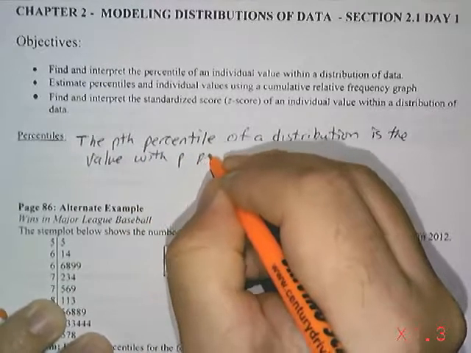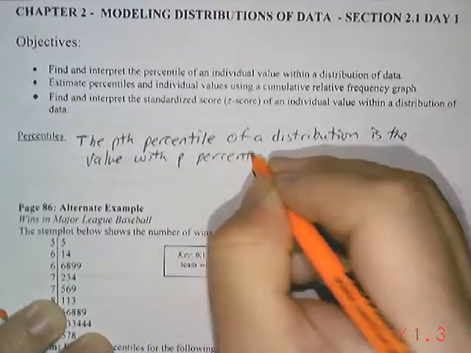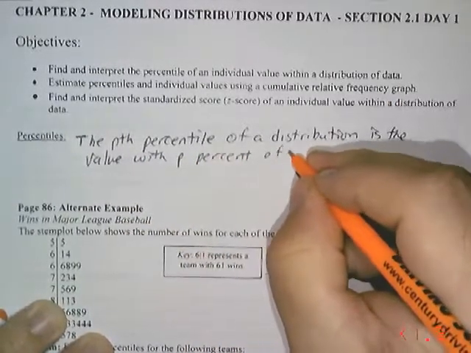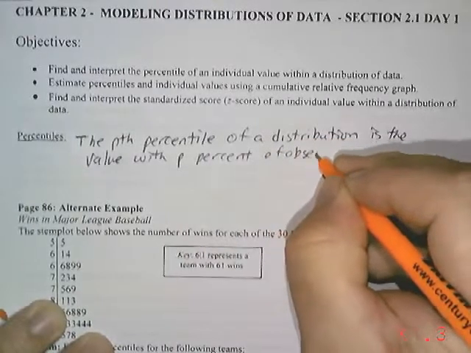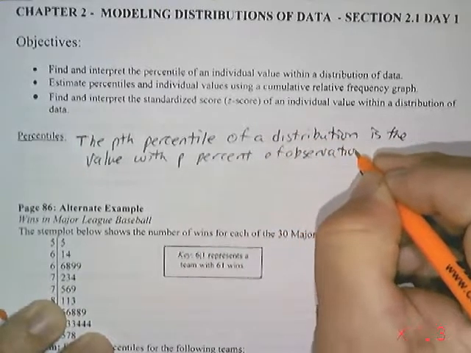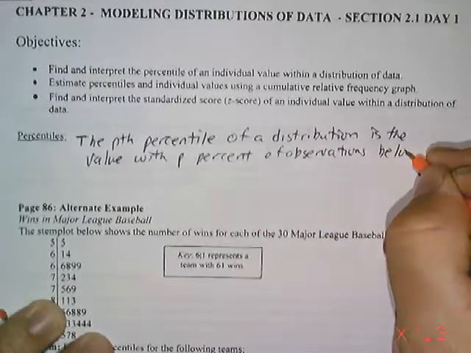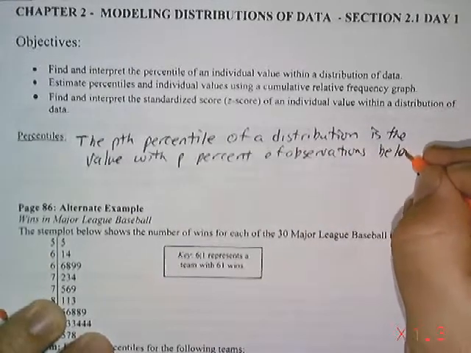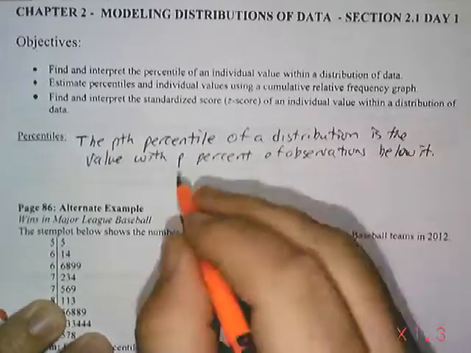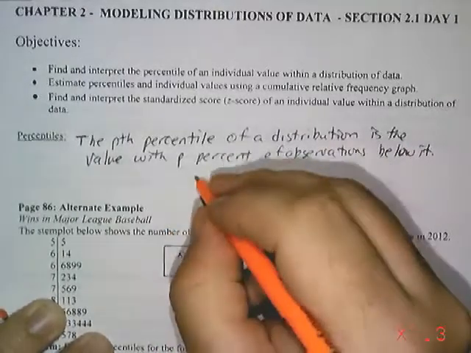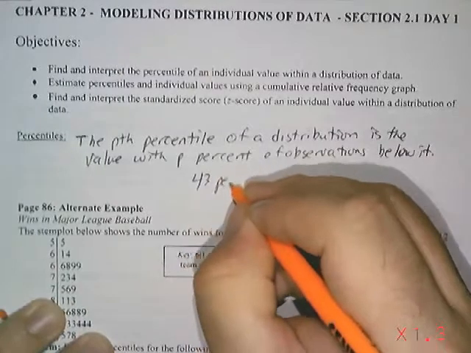So if we say the 43rd percentile, that would mean that 43% of observations were below. Okay.